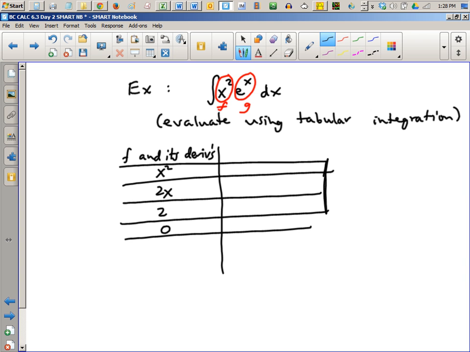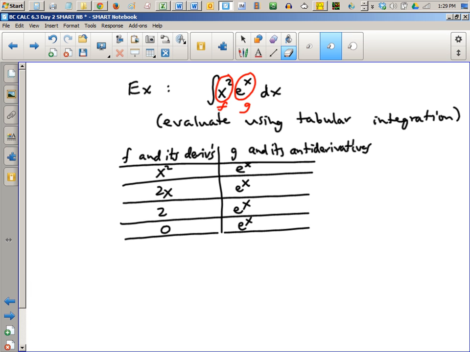And then on the other column, that column will be g and its antiderivatives. G is e to the x. What's the antiderivative? E to the x. What's the antiderivative of that? E to the x. And what's the antiderivative of that? E to the x. Okay, so my table runs from x squared to 2x to 2 to 0. So that basically exhausts all the derivatives of f. Make sure you have a table that goes all the way to 0.